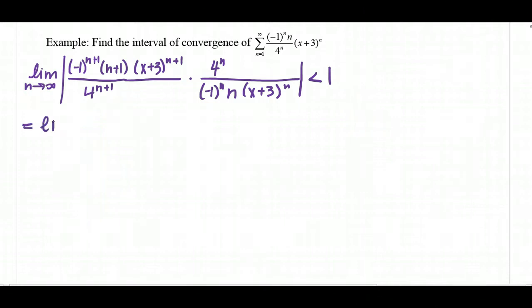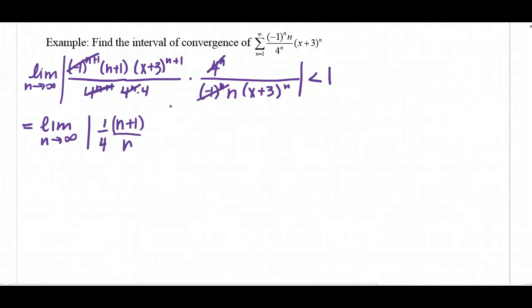So let's try to do a lot of simplifying all in one step here. First, my absolute value bars are going to get rid of these alternating parts. And what we're going to have left is the absolute value of (n + 1) over n, so those stay there. This 4^(n+1) is 4^n times 4, so the 4^n and that 4^n will cancel. So it's like I have a 1/4 here.